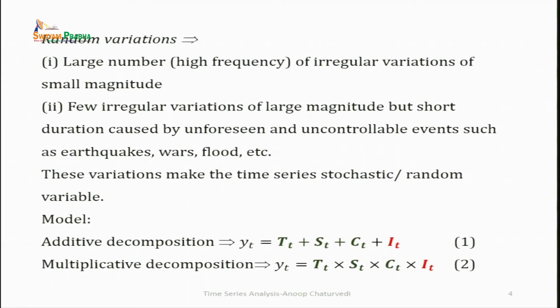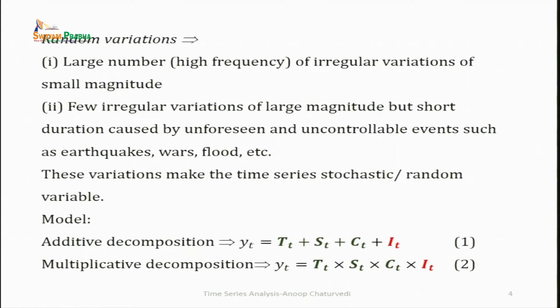Such irregular variations, which are of large magnitude but occur for a shorter duration, are caused by unforeseen and uncontrollable events such as earthquakes, wars, floods, etc.